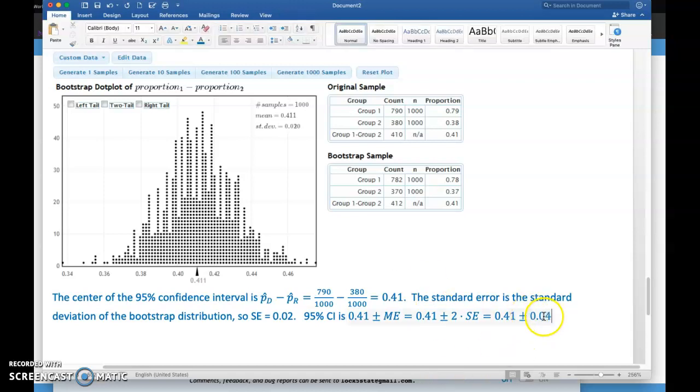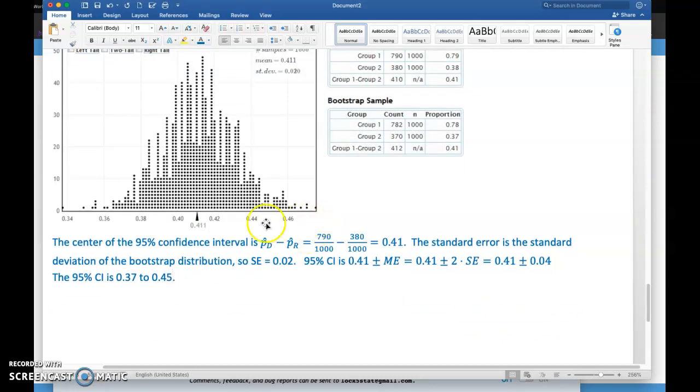What I did right there is I just doubled my standard error, 2%, to make it 4%. So then the 95% confidence interval, if I subtract 4, 41 minus 4 is 0.37. If I add 0.04, it would be 0.45. Okay, that's constructing this confidence interval. So it's 37 to 45%.